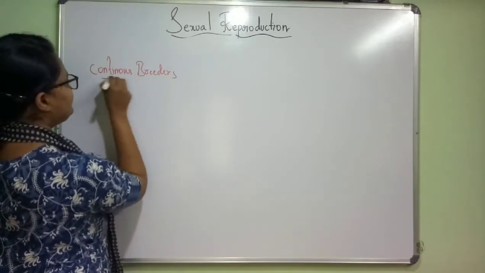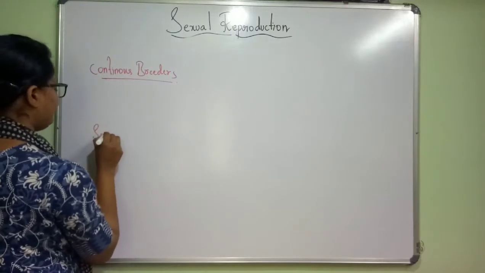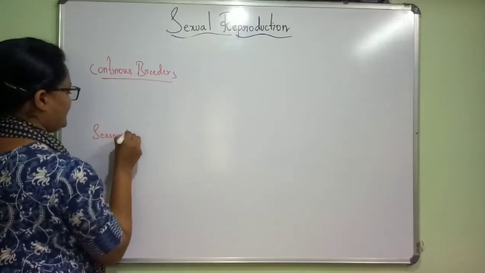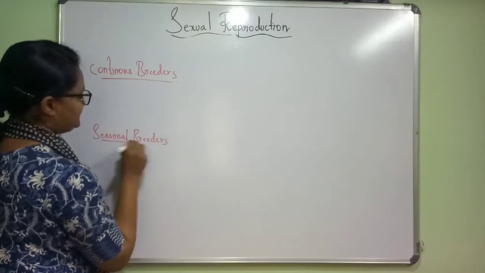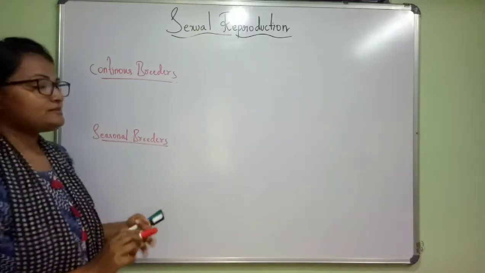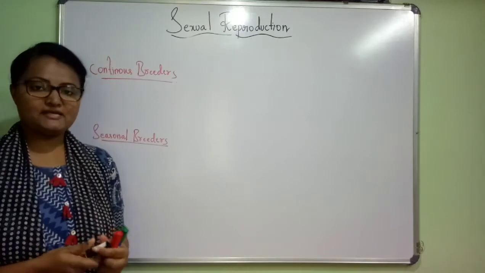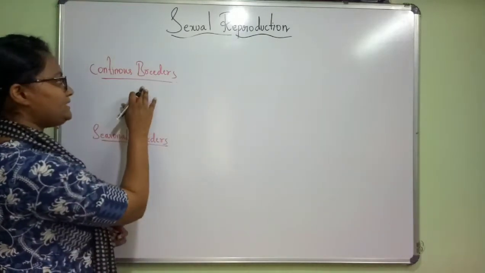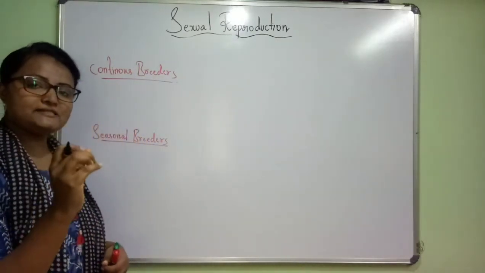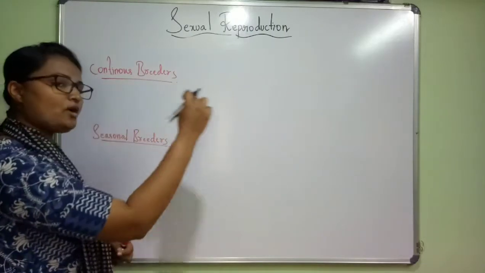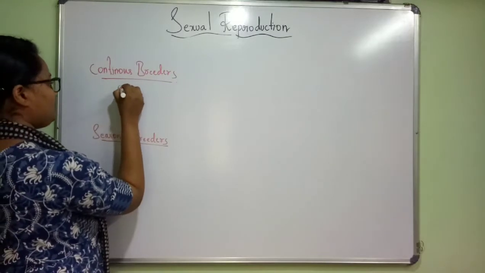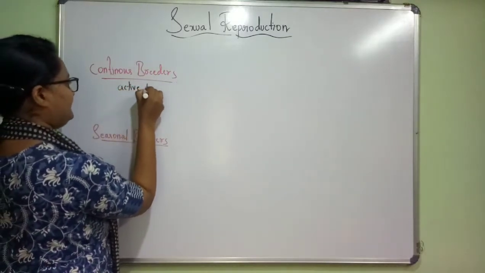continuous breeders and seasonal breeders. What happens? In continuous breeders, the organisms are active throughout the year.